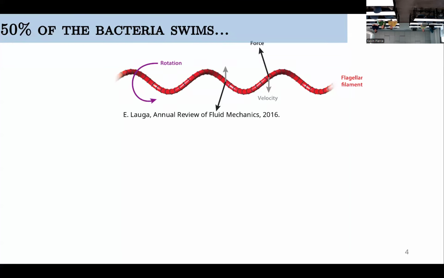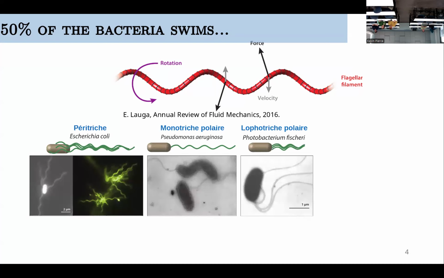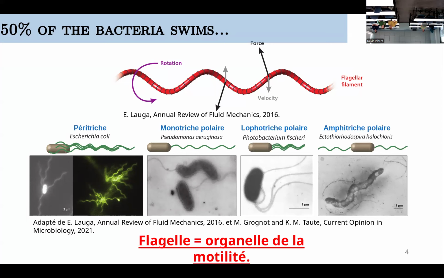So bacteria use flagella to move. You see, to swim in the fluid, they use flagella. Flagella look like a helix, made of proteins, and the helix can be left or right-handed.